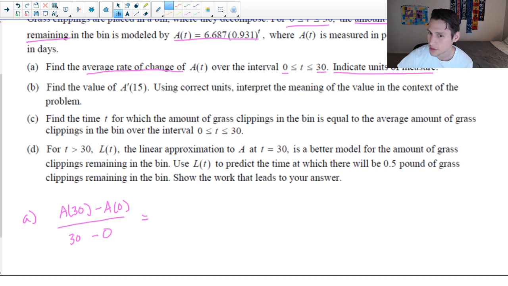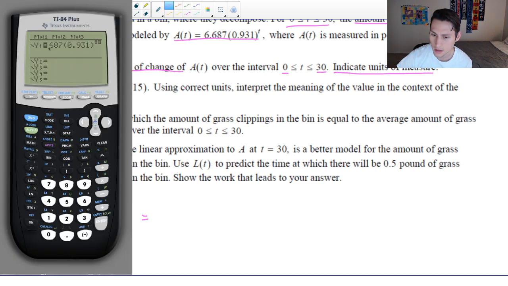Okay, so there's that function. So I just typed in A of t into my y1. I think it'll be helpful to have it there. Okay, so now I can call that function as I need.